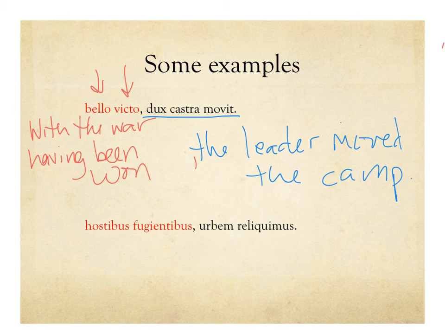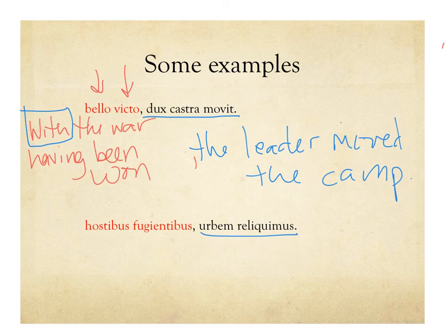You can always translate your ablative absolutes with this word with, and then noun participle. It will always work. But you can also try to make it into a clause that maybe makes a little more sense. So since the war was won, or after the war had been won, something like that, and then translate your main sentence.